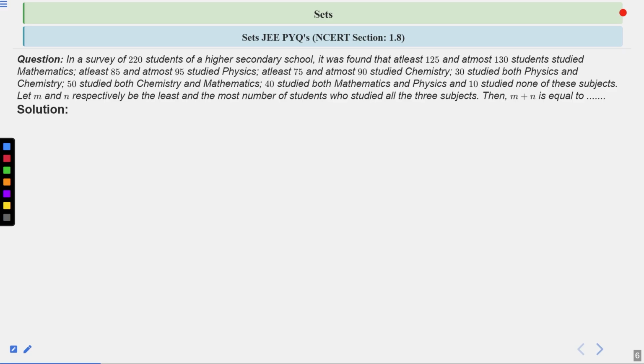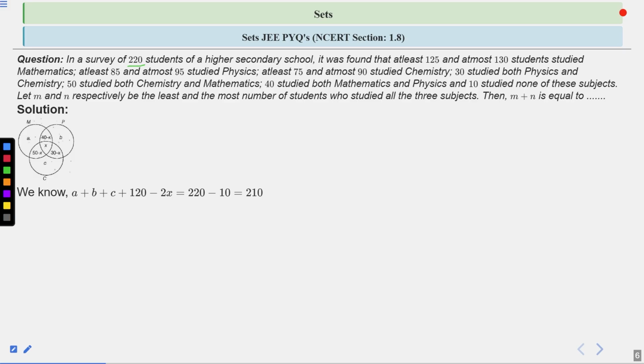Now, in this Venn diagram, what we know is the sum of all the students who participated in the survey. How many students participated in the survey? 220.